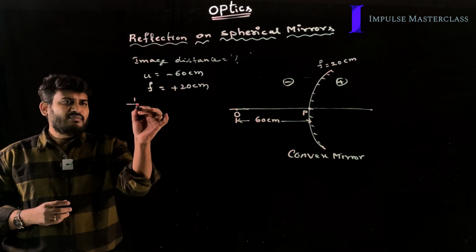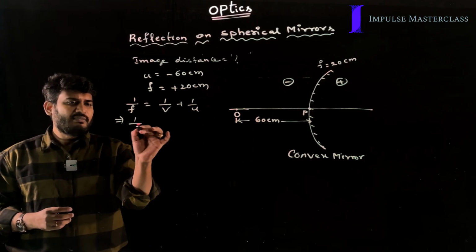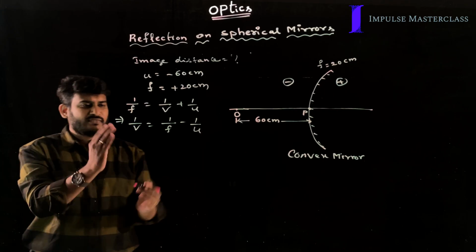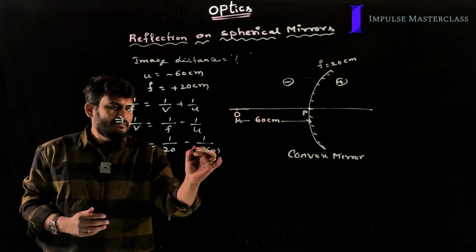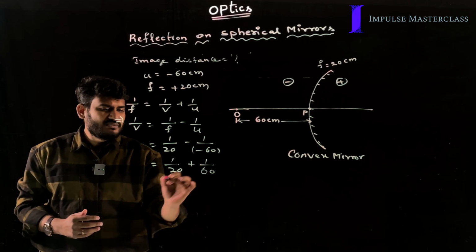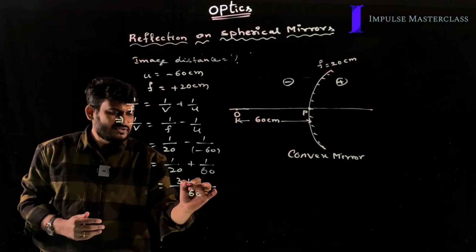As we know, the formula is 1/f = 1/v + 1/u. From here, 1/v is equal to what we can write? 1/f minus 1/u. So 1/f is 1/20 minus 1/u, which is minus 1/60. So we got 1/20 plus 1/60. The LCM will be 60: 20 goes into it 3 times, and 60 goes 1 time.